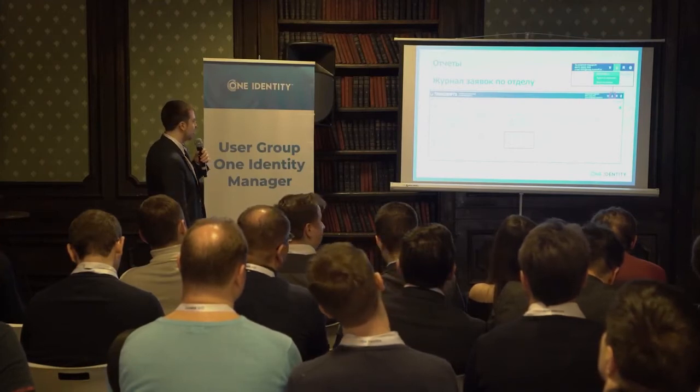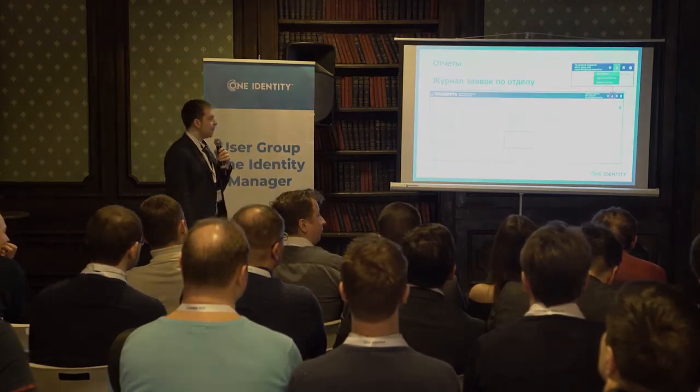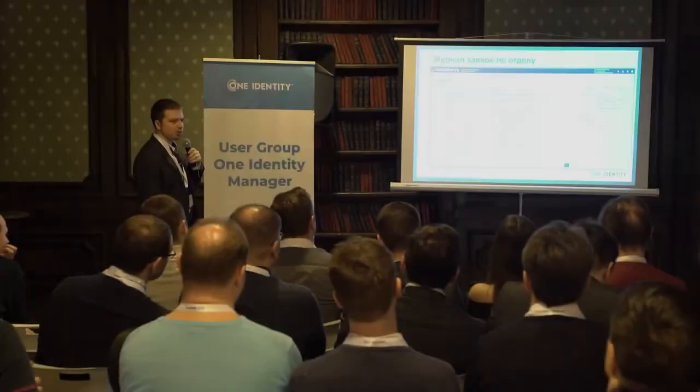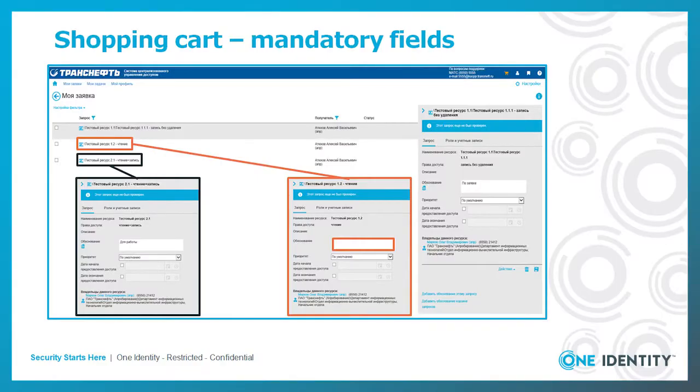So I believe that pressing the delegate button is not a proper thing, so we have a separate tile, requests on my department. This is a web report, and there you can see all the requests made for the workers in the department or by the workers of the department for themselves or for somebody else. And this is pretty convenient, and it covered many user complaints. And this is not difficult to do.